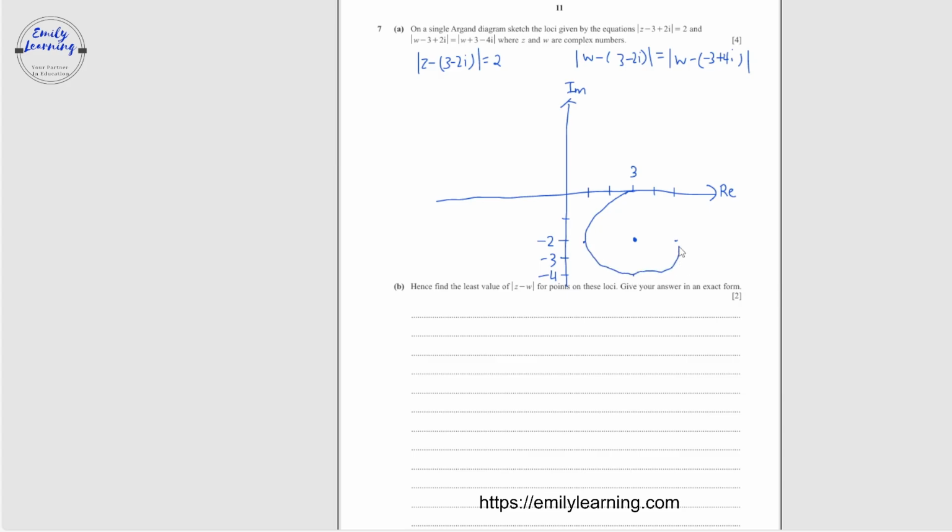Pardon that I don't have a set square inside here. Okay, so this is a circle with a center 3, minus 2 and a radius of 2 units, right? So this is the locus of Z.